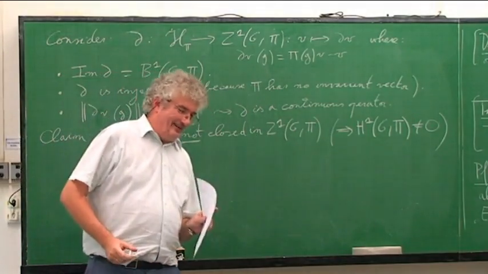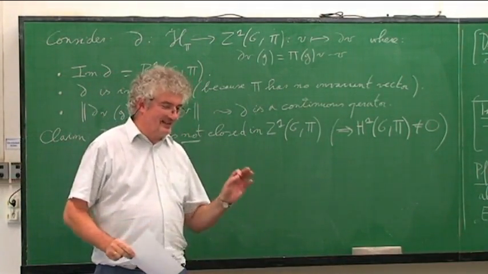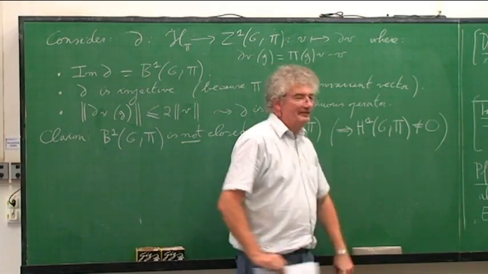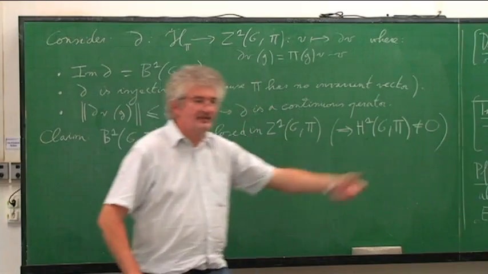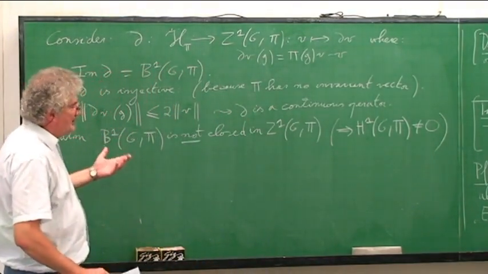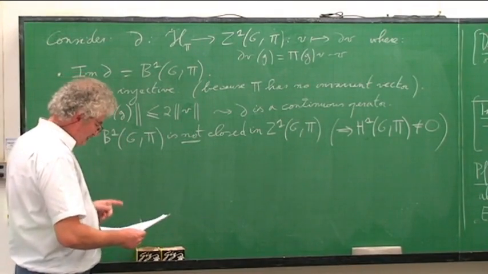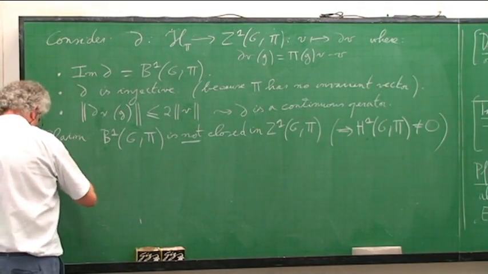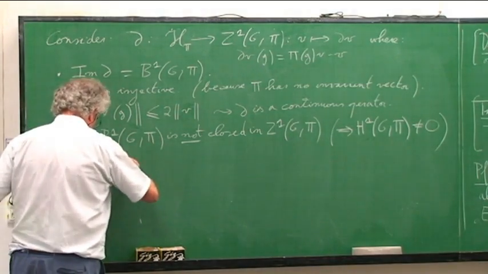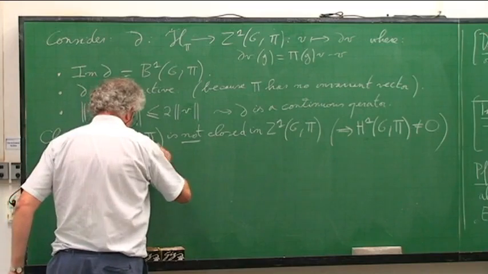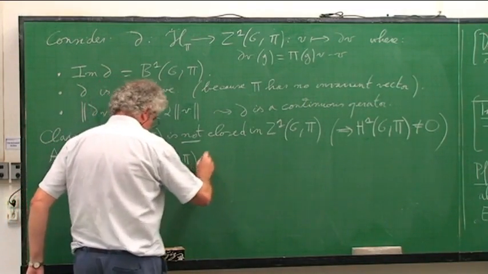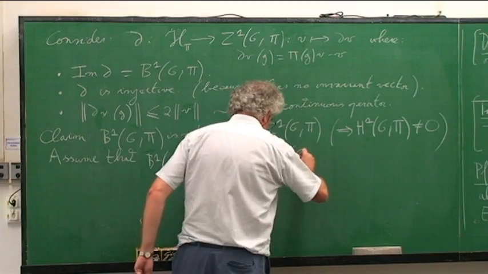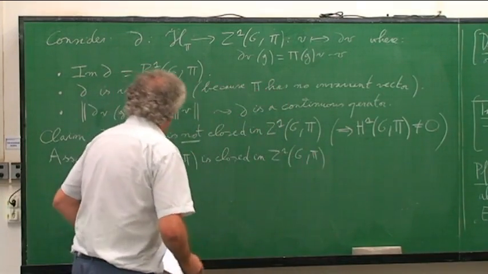I agree that this proof is not completely satisfactory, in the sense that we will not exhibit any cocycle witnessing the non-triviality of that space. It's purely an existence proof. But it's sort of cute, because here comes the coup de grâce. Assume by contradiction that B^1(G, π) is closed in Z^1(G, π).